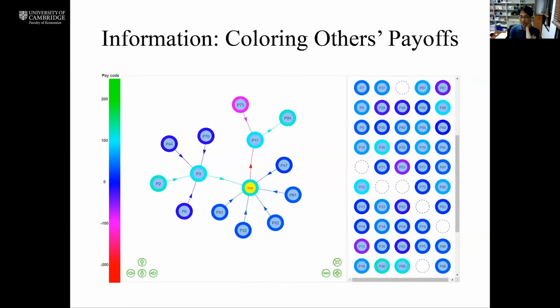Regarding the payoffs, in every experiment, people see their own performance. If you want to show other players' performances, you can either show them directly with a numeric number, or you can use a color code, as you can see here, where green means a higher payoff and red means a lower payoff, and then you can see others' performances by simply looking at the color.